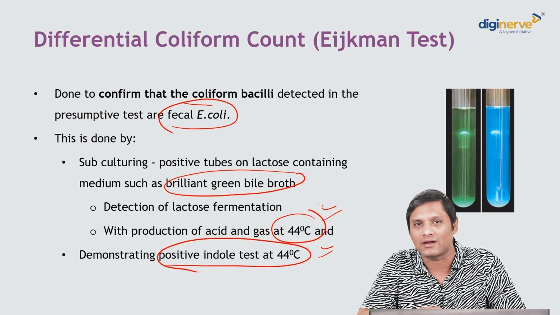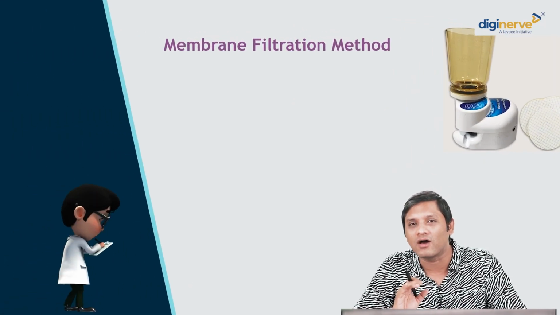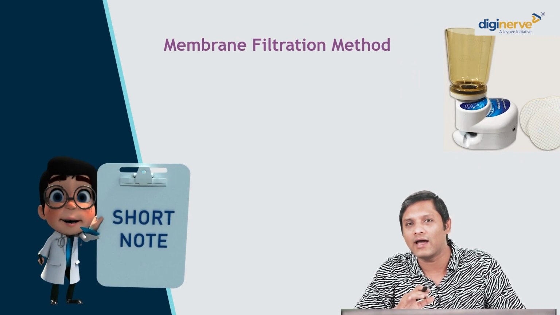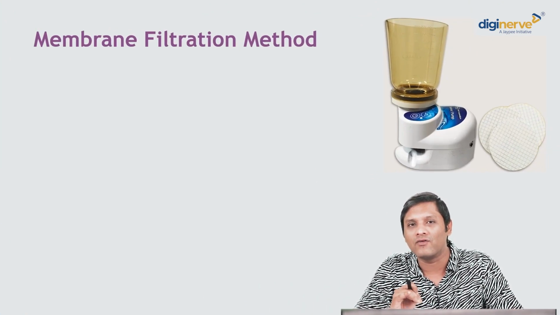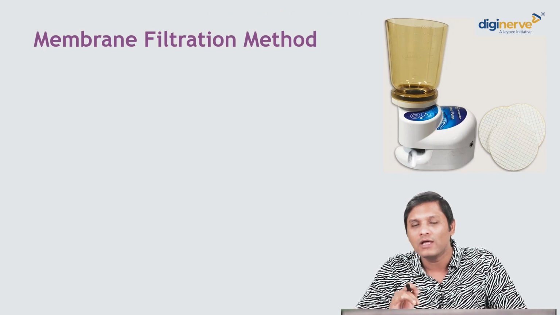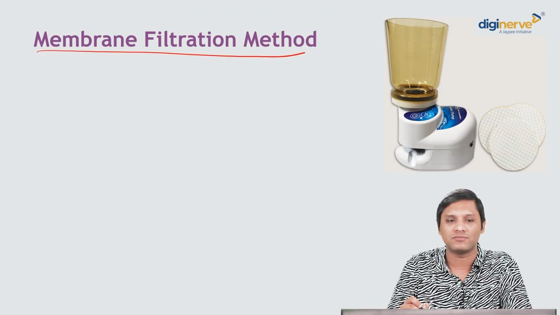So this is how the thermotolerant or fecal E. coli is detected. As you know, the multiple tube method is the most commonly performed method, and it is the best method to perform for turbid water. Whereas if you have clean water, such as dialysis water and various other hospital water supplies where the organism load is expected to be low, then the best method to follow is the membrane filtration method.